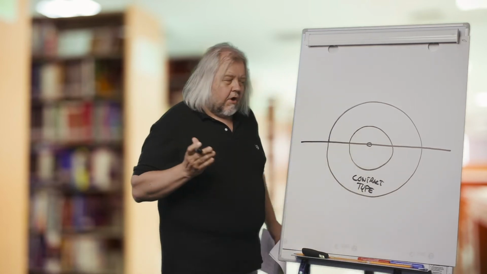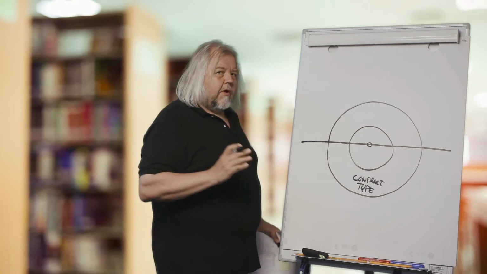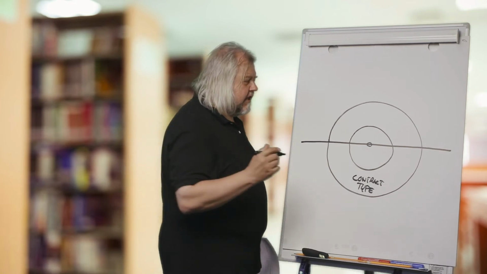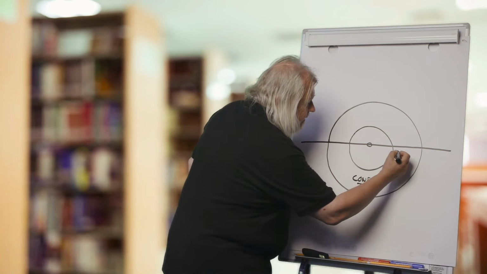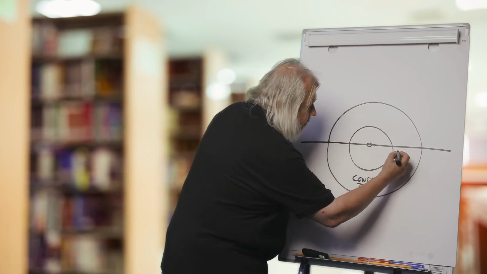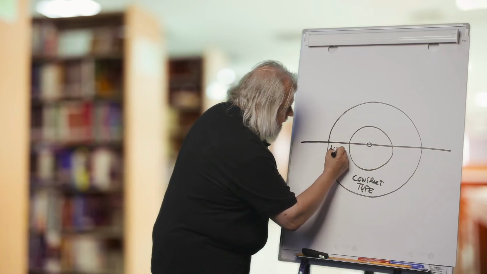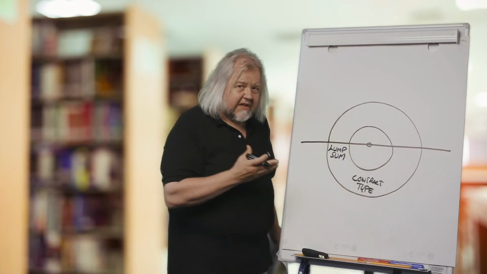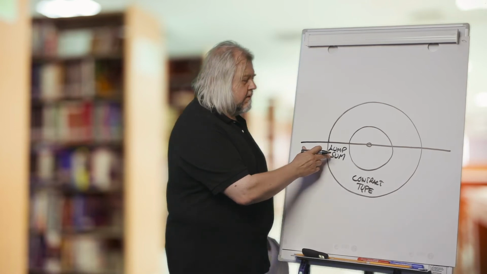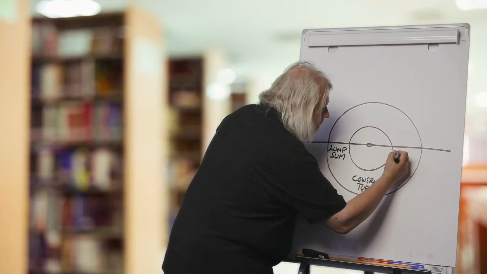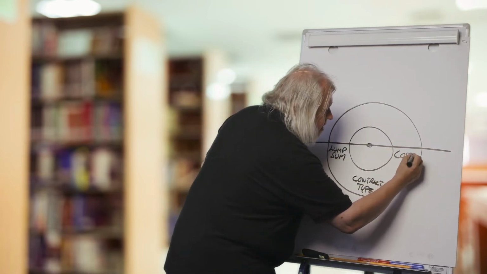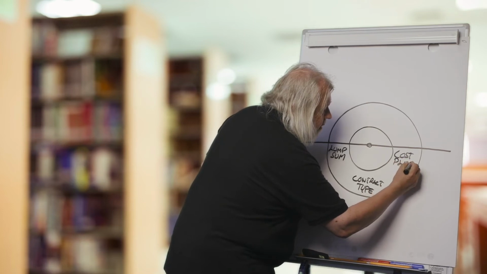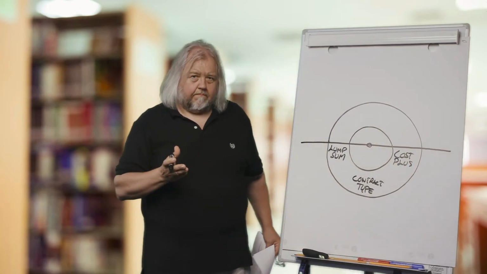and as we have learned, the ends of the continuum of certain contract types would be lump sum or fixed price contract, or then cost plus or cost reimbursable.